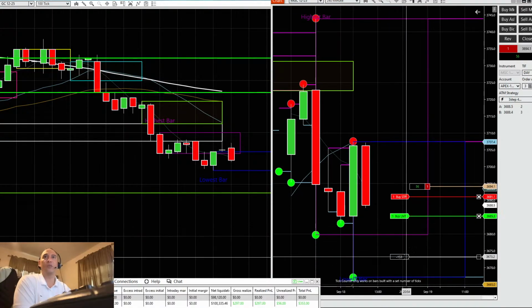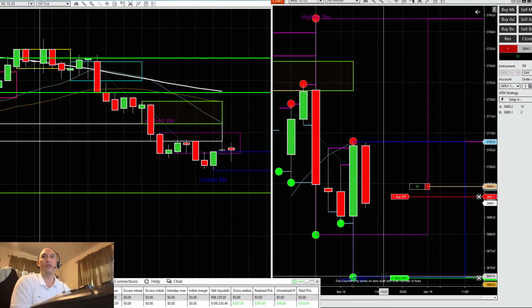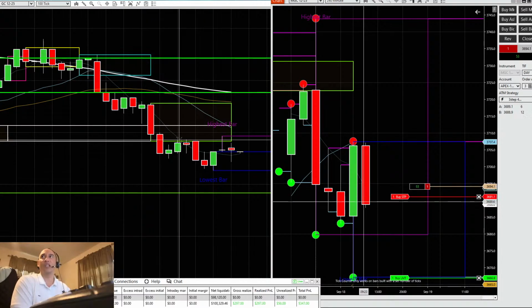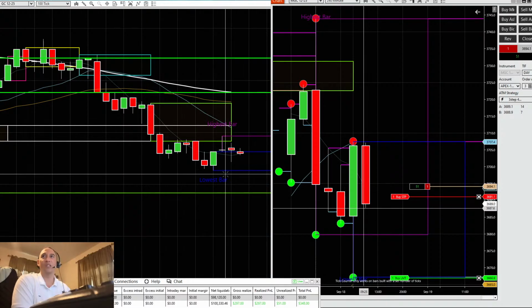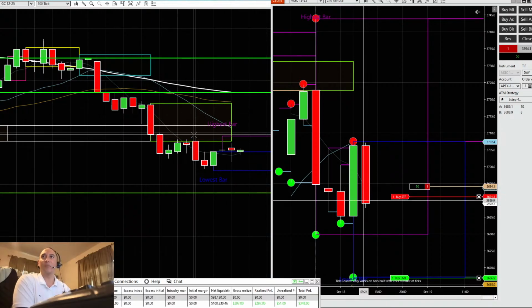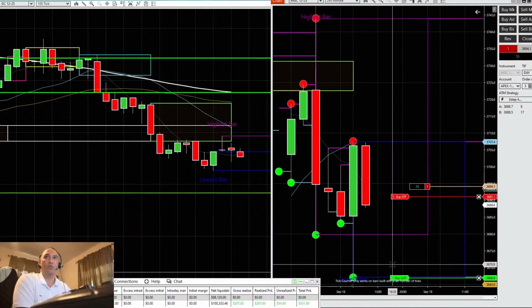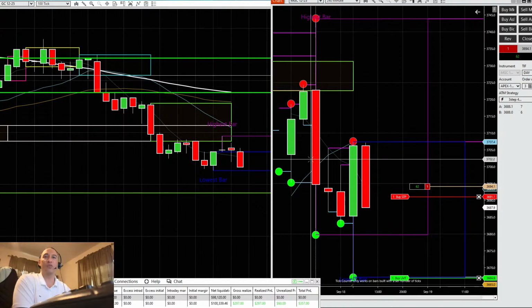And we'll just go ahead and move this down just in case to the bottom of this blue box right here. So all these different rectangles are dynamic targets and support and resistance basically. You can see it hit this line box and it's getting resistance, right? And I've got this blue box for the low of this move right here.